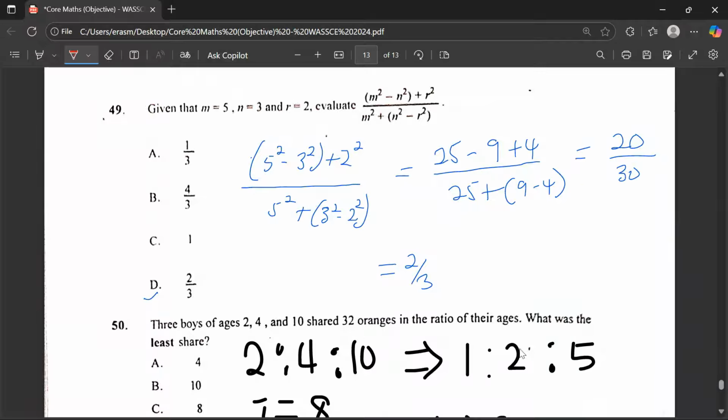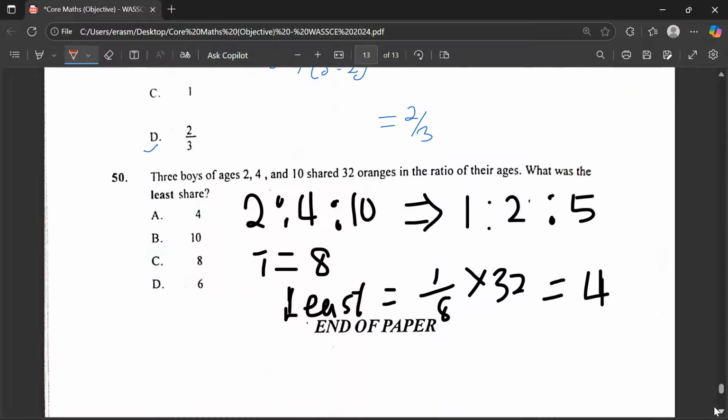Now, the final question is that 3 boys of ages 2, 4, and 10 shared 32 oranges in the ratio of their ages. What was the least share? Now, the ratio of their ages is 2 is to 4 is to 10. Now we have a common factor, that is 2. So 2 divided by 2 is 1, 4 divided by 2 is 2, 10 divided by 2 is 5.